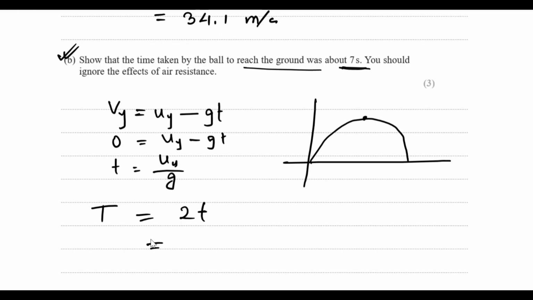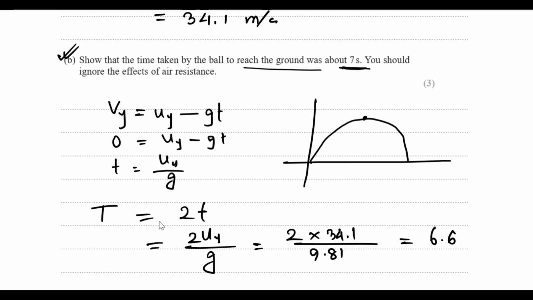That's why twice t. So T equals 2 uy by g. So here 2 into 34.1 divided by g, 9.81. So the correct answer is 6.62 seconds.